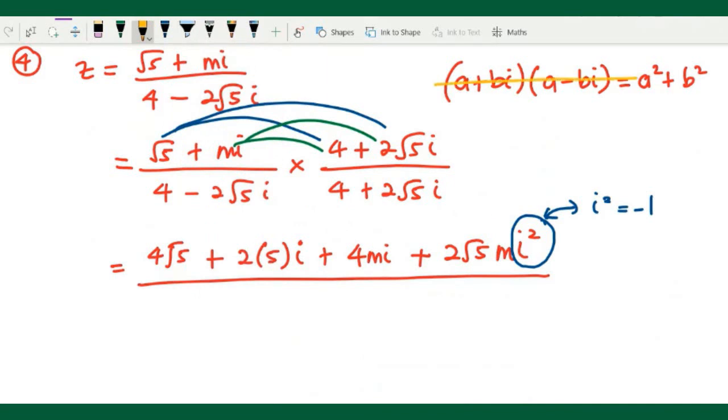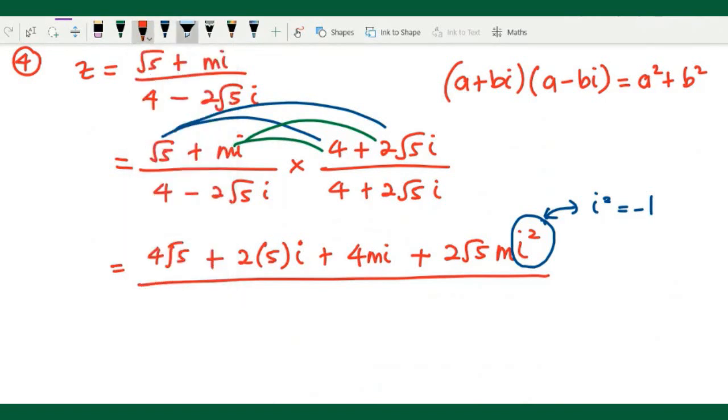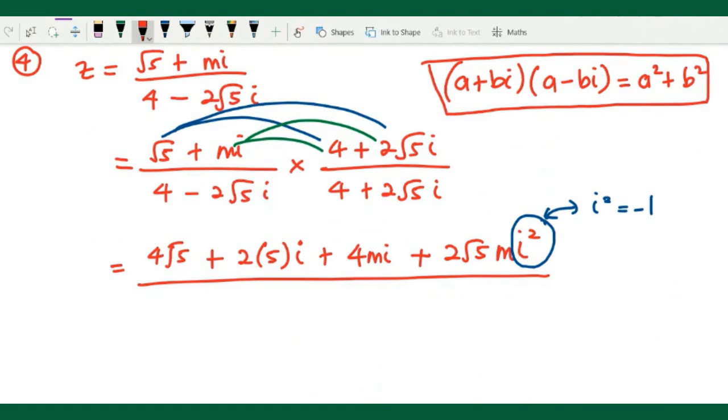Oh sorry, saya ingat apa? Highlight the function ni pula tak. Okay, never mind. Okay, so saya nak terus pakai formula. So A square, A kita 4, 4 square 16 plus, okay, 2 set 5 square. You should end up having 2 square 4 times set 5 times set 5, 5. That will be 20. So plus 20.